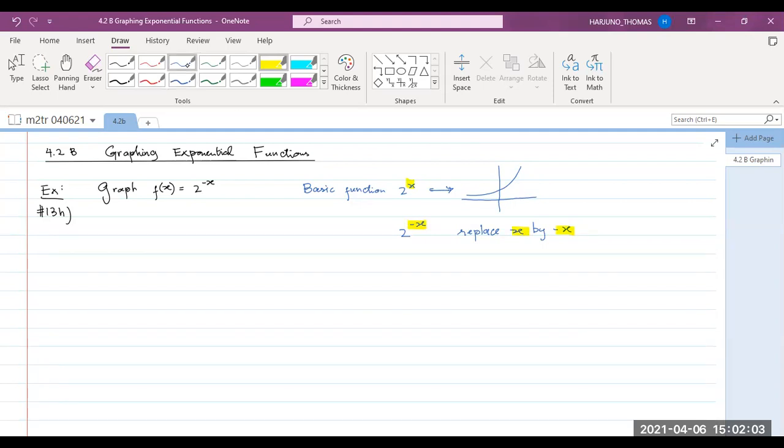Now, which means reflect with respect to the y-axis. So the graph later on will be like this. Is it okay? Yeah, that's what it will look like. Now, let's sketch the graph.